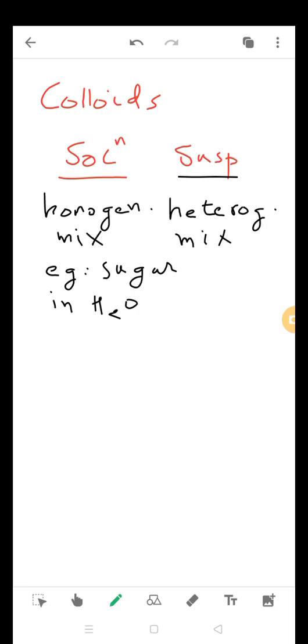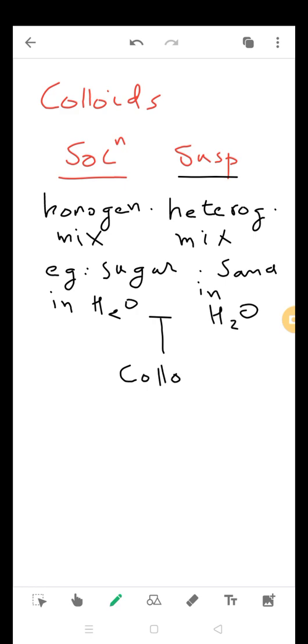The example is sand in water. You basically get precipitates in a suspension, whereas you don't get any precipitates in a solution. A colloid is actually in between these two.